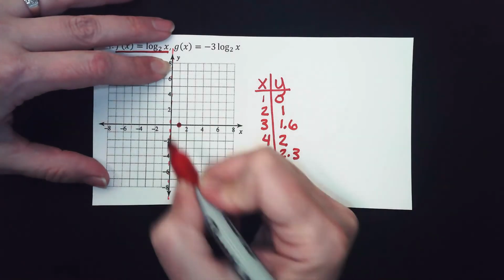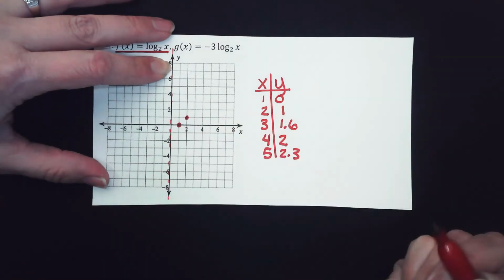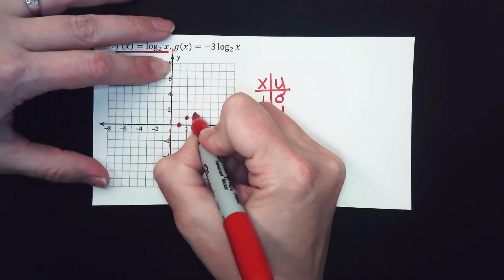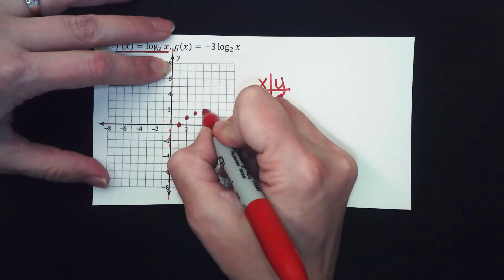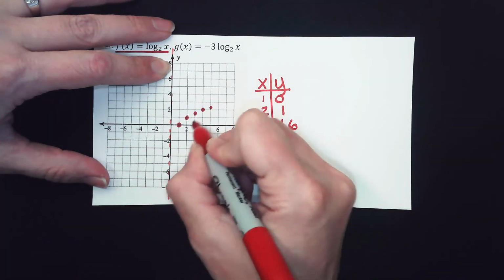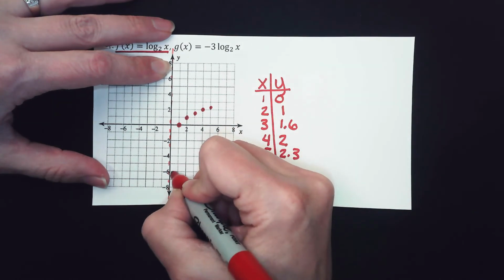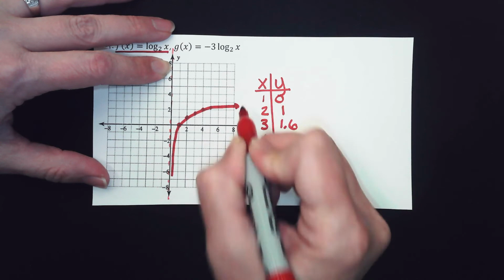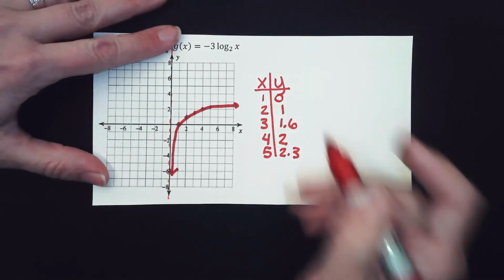You kind of see the curve starting. So I know it's going to come from here and go that way. Okay, so this is f of x.